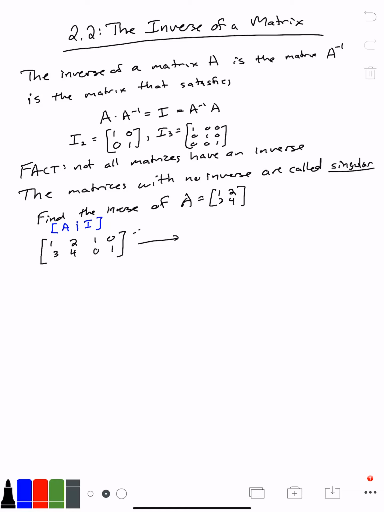Then we're going to do row operations. So I'm going to try to get us into reduced row echelon form. And so I would do -3 row 1 plus row 2 goes to row 2. And I'd have 0, -2, -3, 1. And then I would go ahead and divide by -2 on row 2.